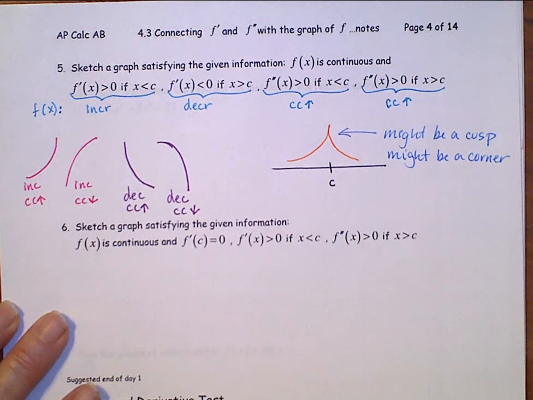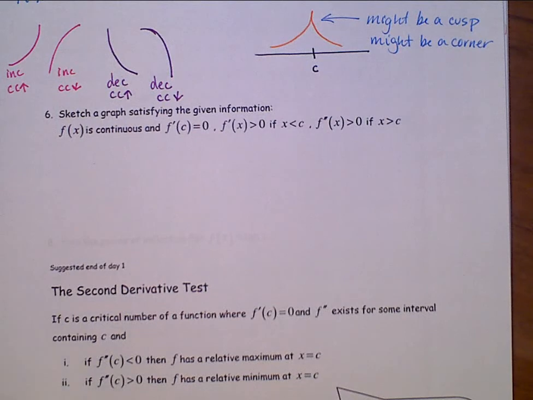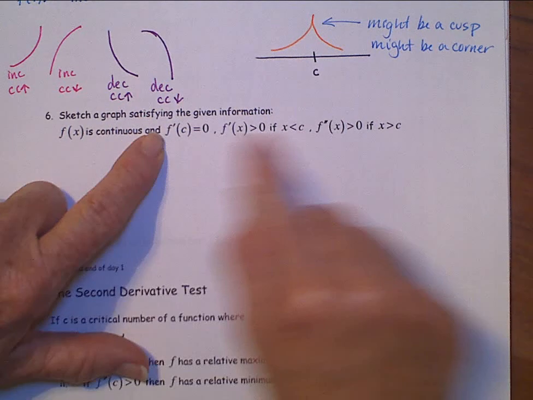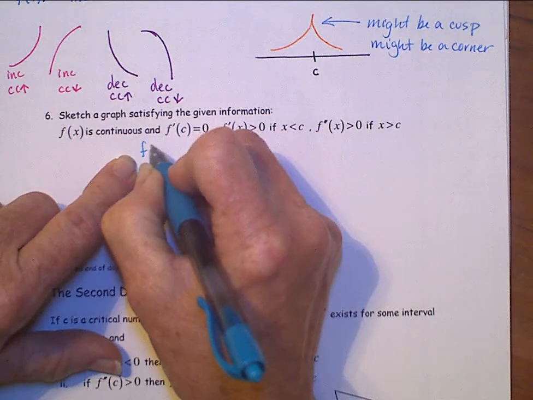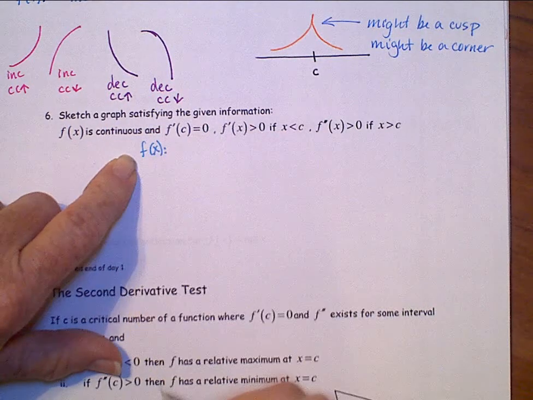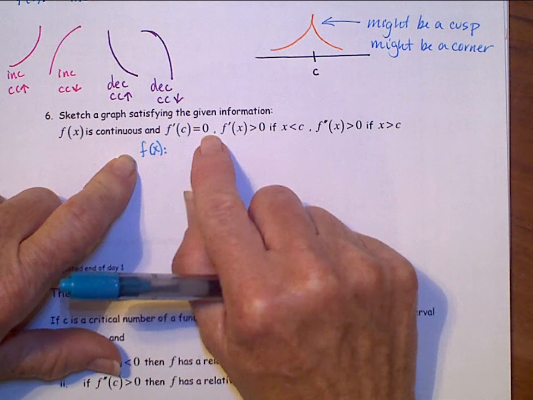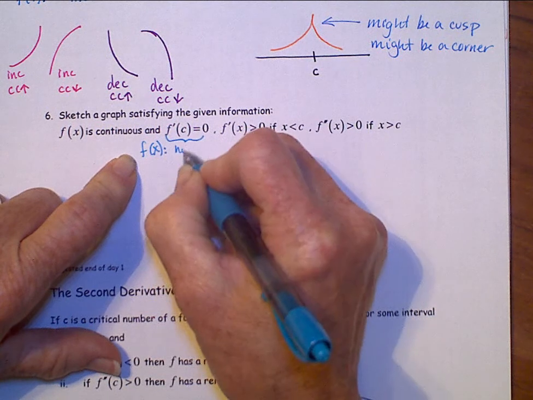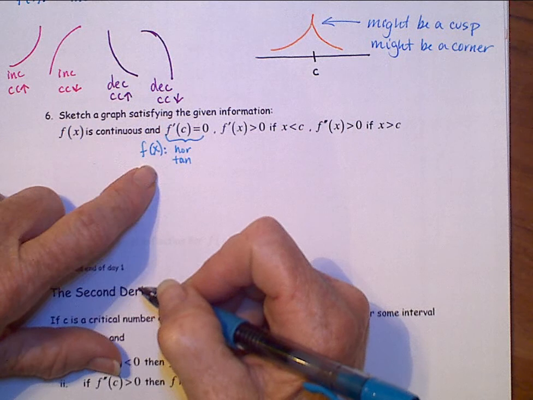All right, let's look at number 6 down here. Again, we're going to sketch a graph using this given information. First, f of x is continuous, and a couple other things here. Let's just start identifying them in terms of how they relate to f of x. If f prime at some value c is equal to 0, that tells you that we have a horizontal tangent on f of x at x equals c.